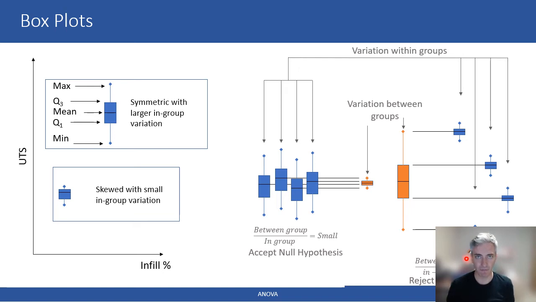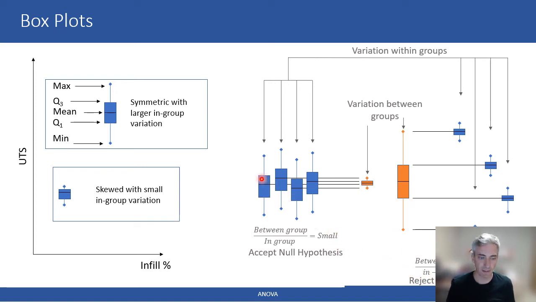So for example, if the factor that we're playing with is temperature, and we increase the temperature and we get a much smoother print, then the between group variation for the different temperatures that we're measuring will be large. And the in-group variation, in other words, the noise, or how much the measurements change within each temperature setting, should be very small to understand that the temperature effect is significant.